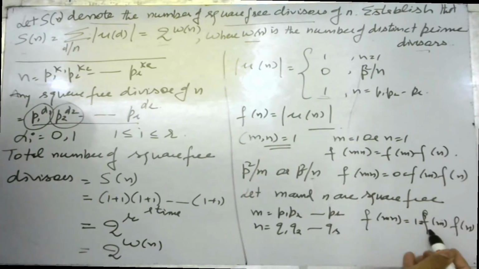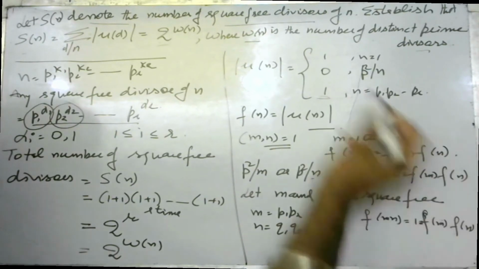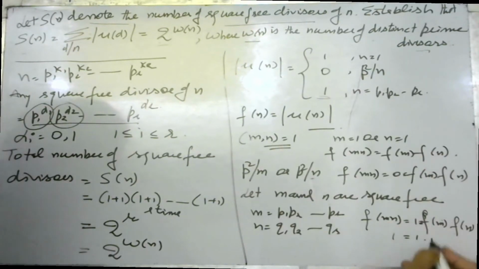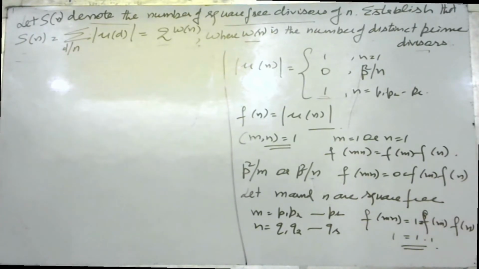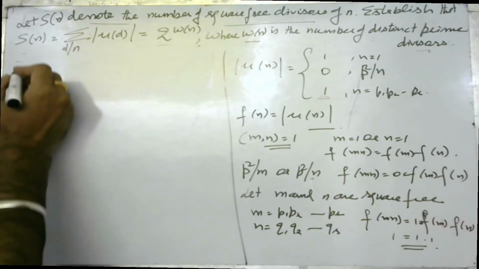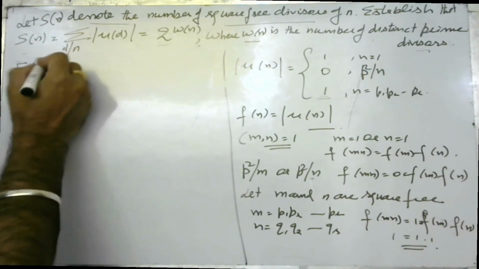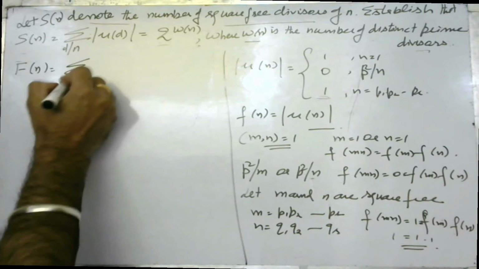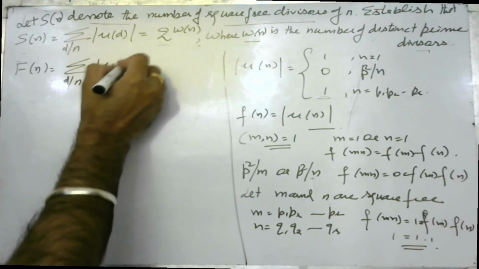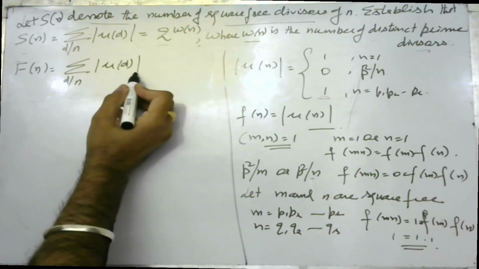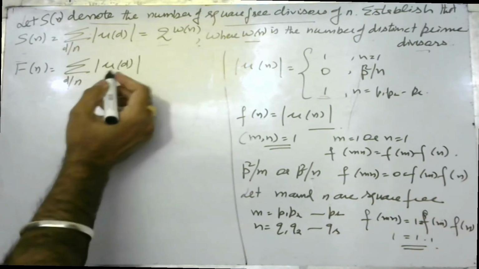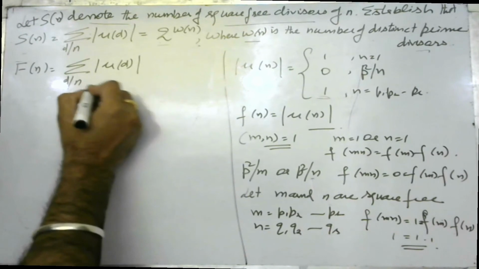And what is the value of F(m)? 1. What is the value of F(n)? 1, which is equal to 1 into 1. So this function is a multiplicative function. Then write F(n) is equal to the summation over d dividing n of μ(d). As we already proved, this is multiplicative, so this implies F(n) is multiplicative.